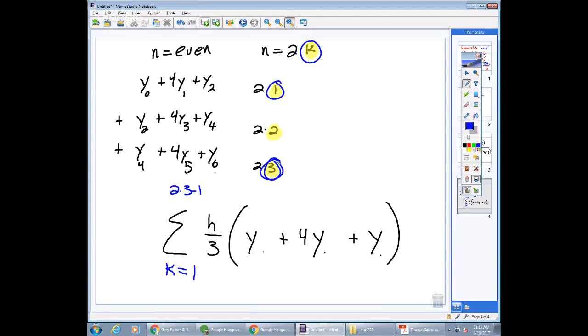And the key there is, since n is even, k is always n over 2, right? If you solve that for k. So I need to go up to whatever n over 2 is. The last number is always just 2 times whatever k is.